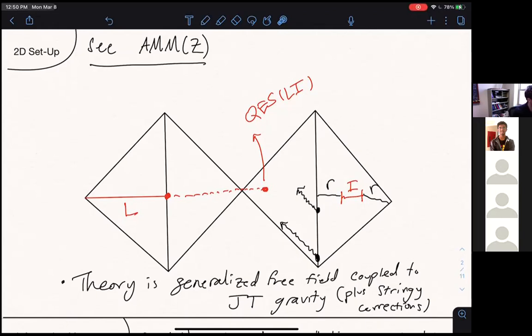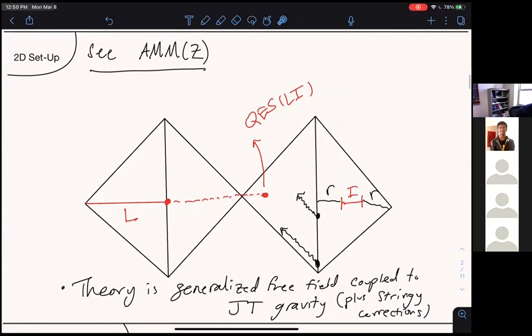The idea is that in such a setup, you have 0+1 dimensional quantum systems, which I'm going to imagine are living along these vertical lines, that are dual to an emergent AdS2 black hole, which is this region in here. And their low energy theory is described by JT gravity in the bulk.